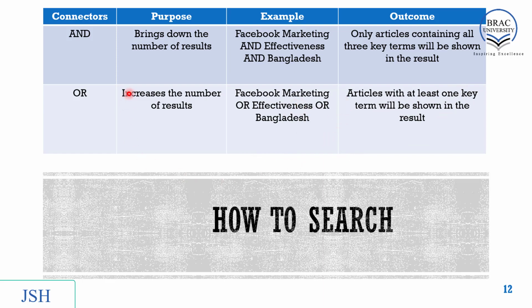As a result, the number of articles goes up significantly. So by now, I guess you understand this is something we will not want to use that much, because using or, the number of articles will go up. We don't want that for now. What we are most interested in is using and. Why? Because it brings down the number of articles. So now let's go and practice.